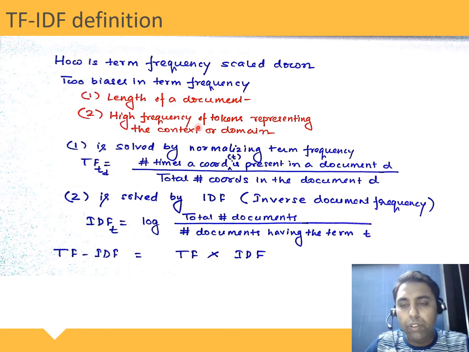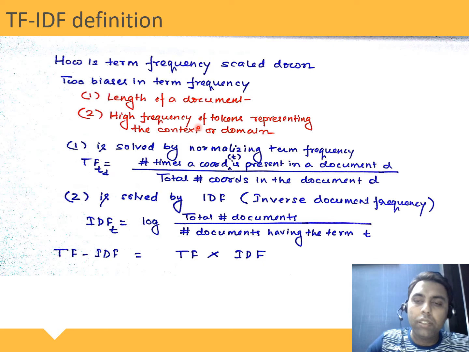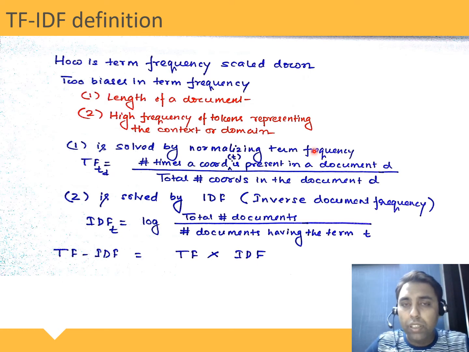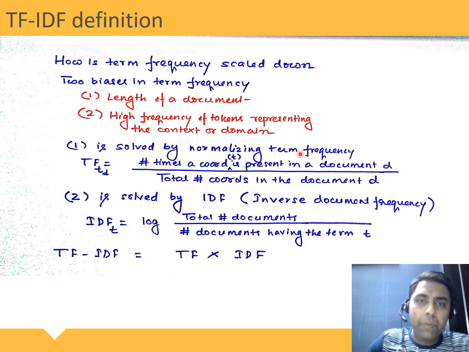Because if you have a review which is 10 sentences long, vis-a-vis a review which is 50 sentences long, obviously some of the words will have higher chances of occurring, and with higher frequency, in the lengthier review than in the shorter review. So term frequency is also impacted by the length of the document, the number of words in the document.